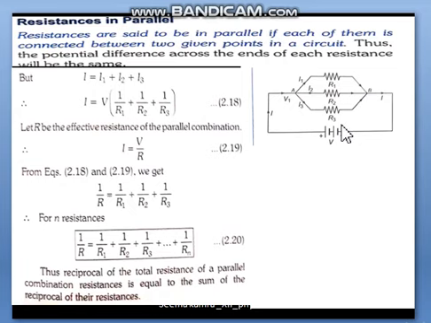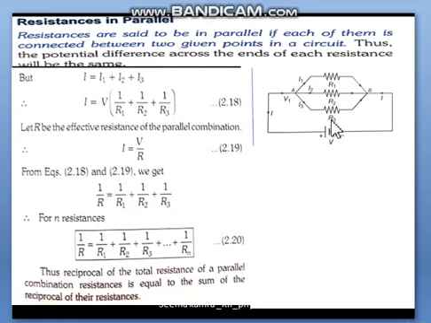Now we have to remember the points about what is the same and what is not the same. So in parallel, voltage remains the same. Whatever battery voltage is available, that is available for each of the resistances as it is.